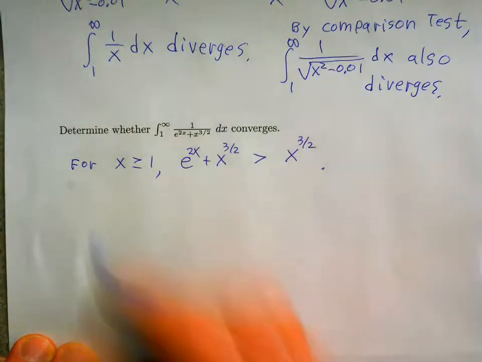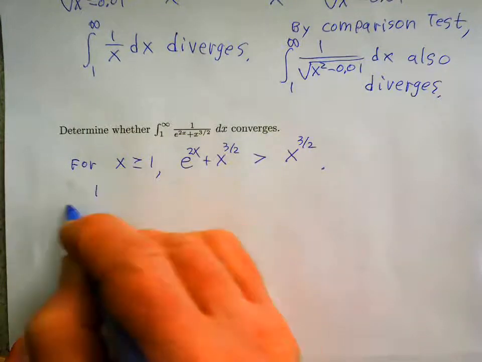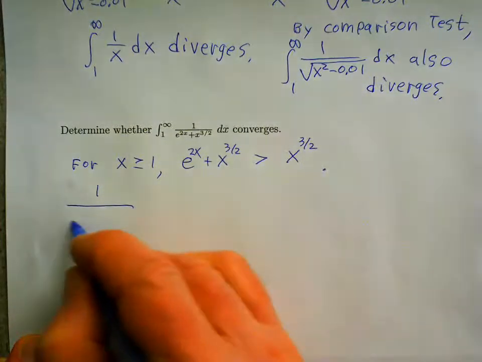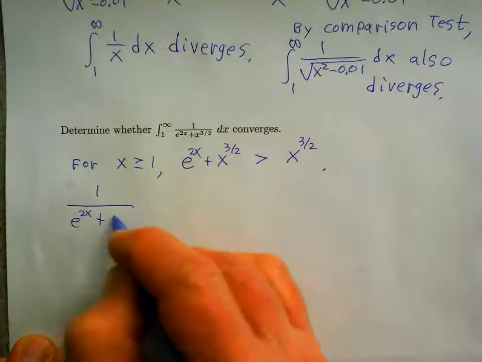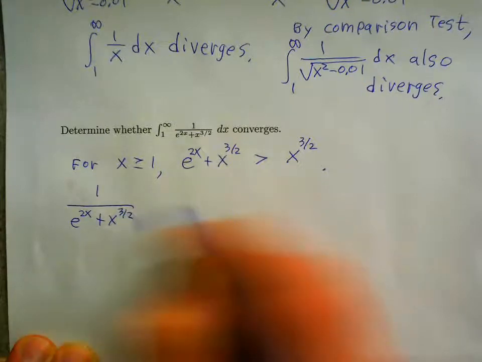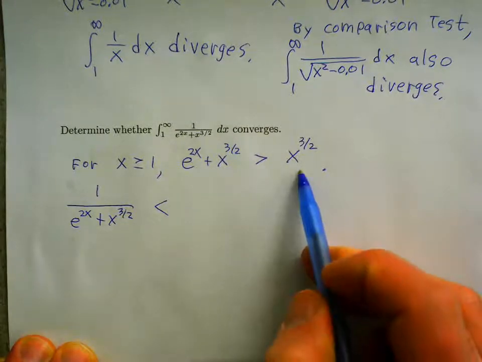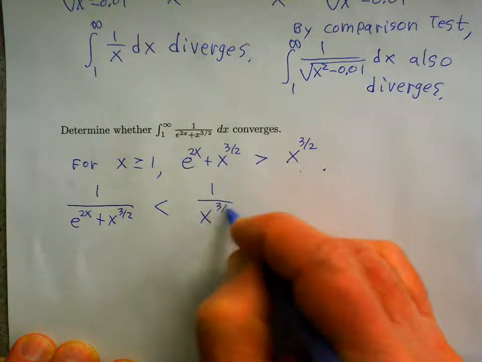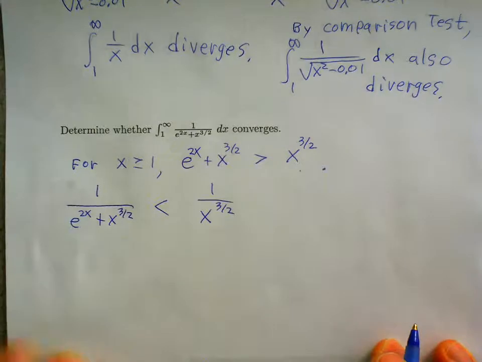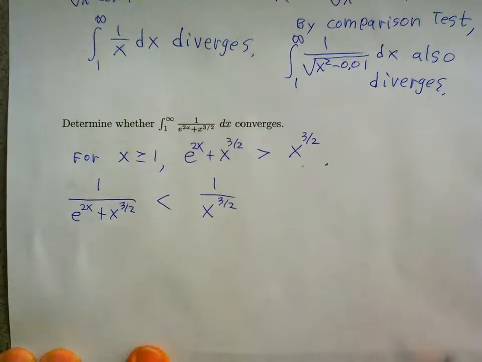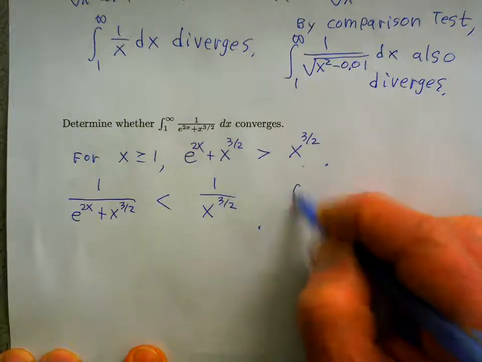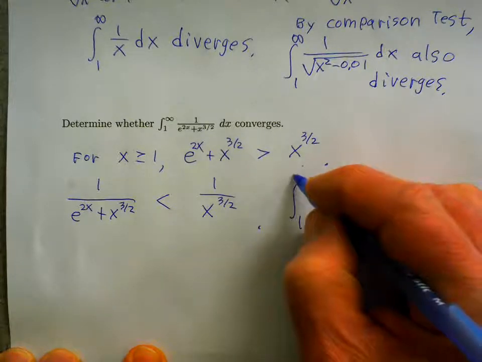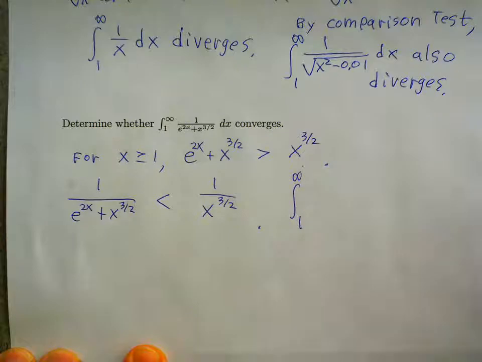So that means the reciprocal of the number on the left, 1 over e to the 2x plus x to the 3 halves, is less than the reciprocal of the other number, 1 over x to the 3 halves. So what do we know about the improper integral of 1 over x to the 3 halves from 1 to infinity?